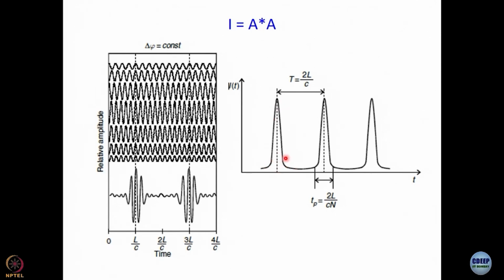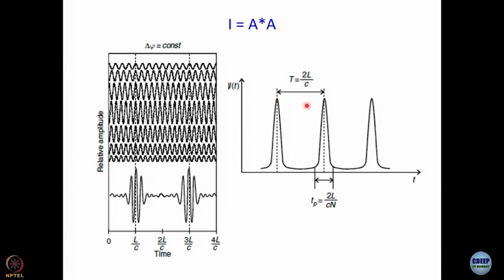So, but the crux of the matter is you get pulsed operation, and we are going to show in the next module that separation between 2 pulses is going to be 2L by C. So, what I have written this may be a little confusing. A star means complex conjugate.